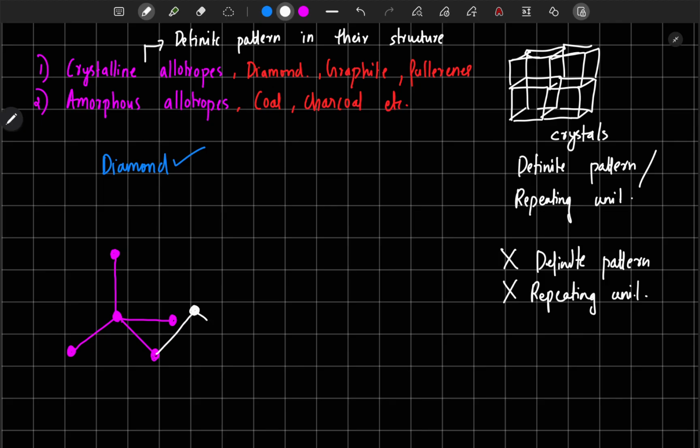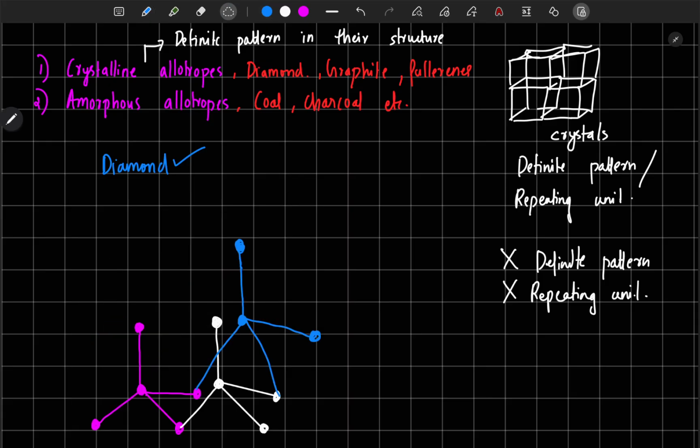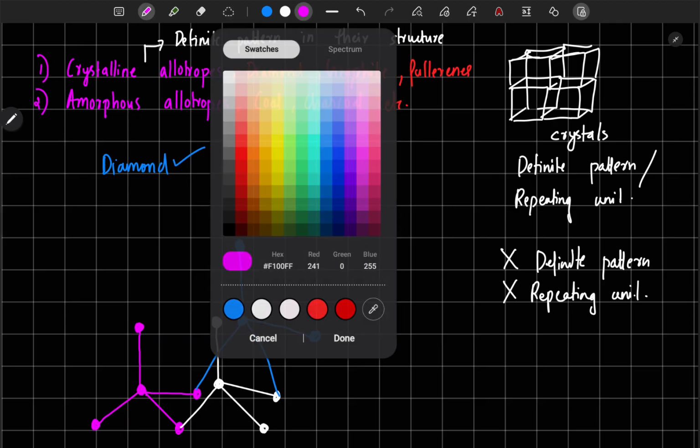Just for your clarification, I am drawing it like this. One more will be here, then one here. Now the third one will come, so it will be like this. I'll keep this diagram a little down. Now I will draw one more.